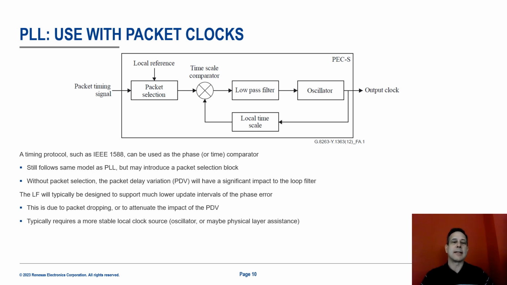Because you are doing packet selection, much less packet or phase information might be passed along to the loop filter. So the loop filter may operate at a very low bandwidth, much lower than might be used for physical-based clocks. Because of this, you may require a more stable clock source to allow the recovery of the clock, like an OCXO or oven-controlled crystal oscillator. Or you might have to use some physical layer assistance, such as Sync-E, to help stabilize the clock during the filtering process.